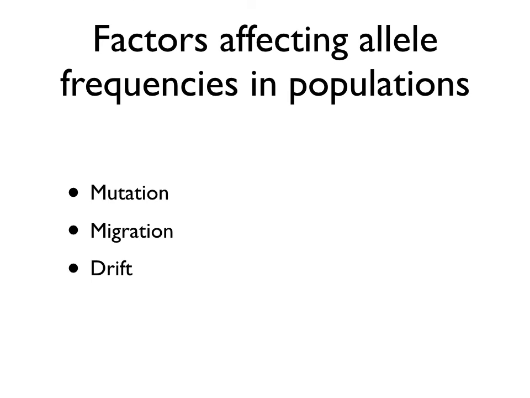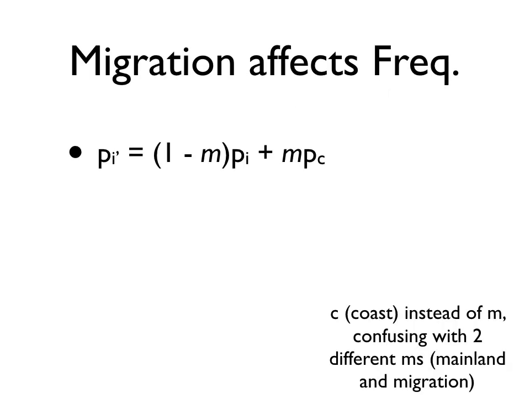Okay, so the next thing that we're going to talk about is migration and how migration affects the frequency of alleles. All right, this is a complicated looking equation, but I've broken it down a little bit and provided some explanation down here at the bottom that will help you understand what's going on, okay?